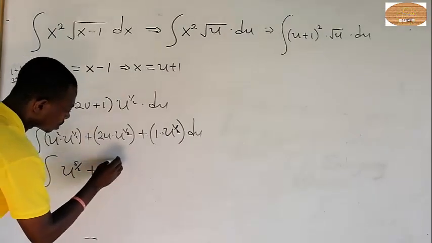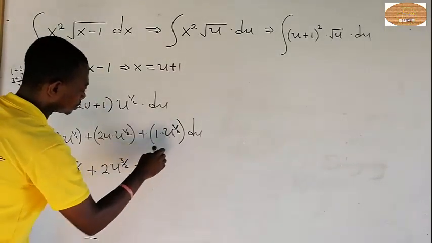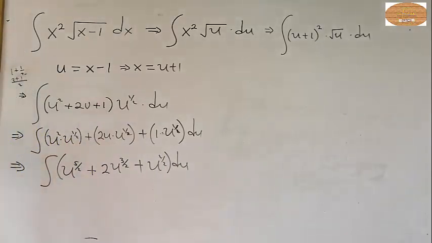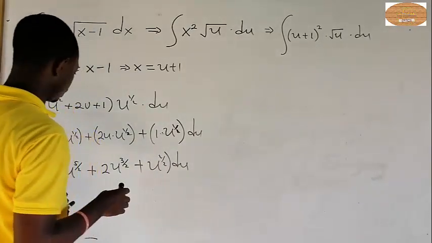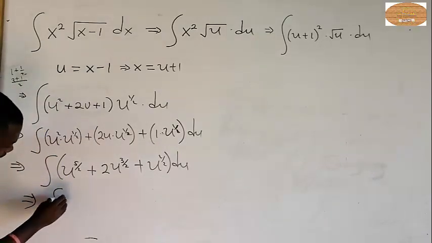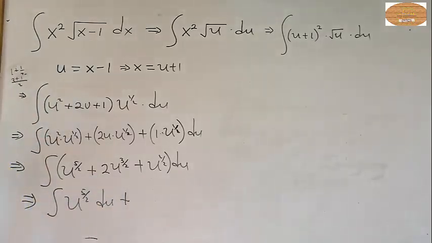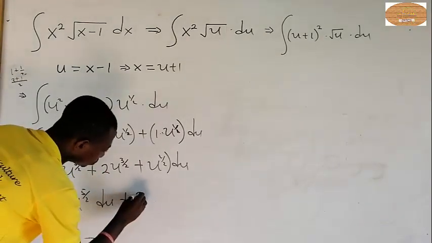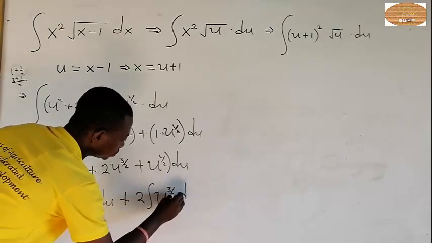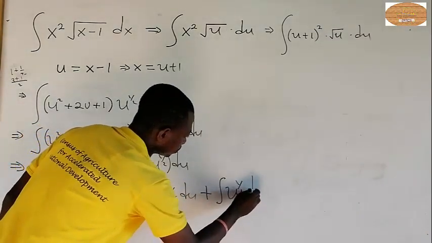So this is the integral of u to the power 5 over 2 du, plus 2 out, integral of u to the power 3 over 2 du, plus the last term, integral of u to the power half du.